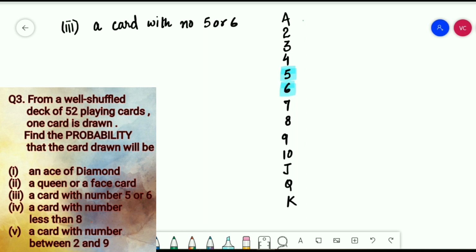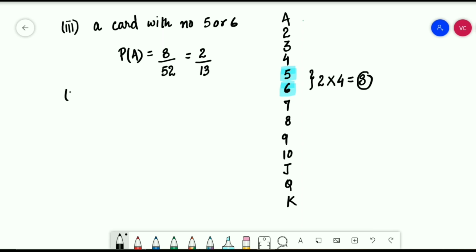Now in one suit we have 2 such cards, and total we have 4 such suits. So total number of favorable cases are 8. So probability of this event is equals to 8, and total number of possible outcomes 52. And after simplification you'll get 2/13 as a final answer.